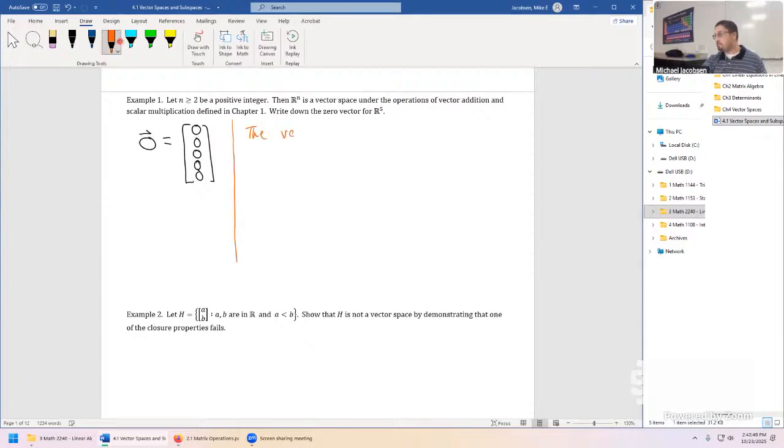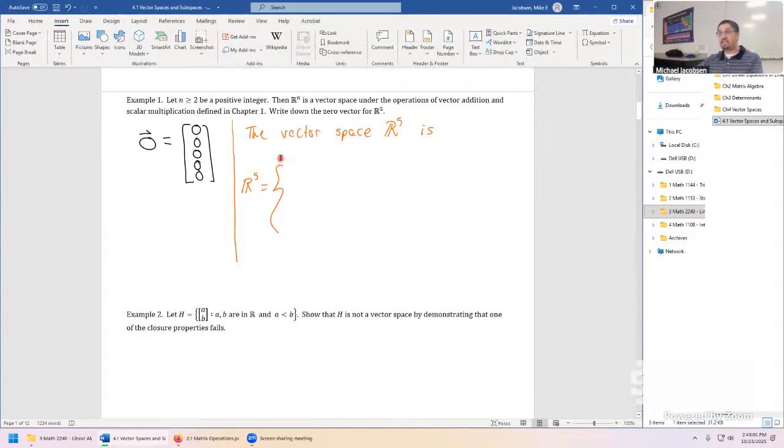The vector space R5 is defined to be this. One big set, so we indicate a set by the curly braces here, much like the set H down below. We write down the typical object in set builder notation. The typical object will have 5 entries if we're in R5, so x1, x2, x3, x4, x5.